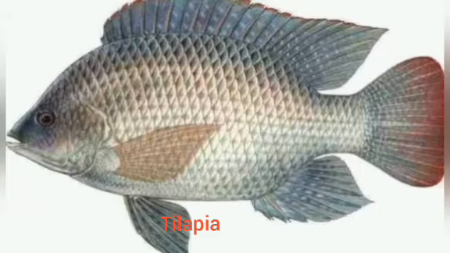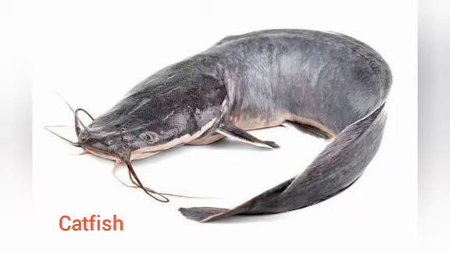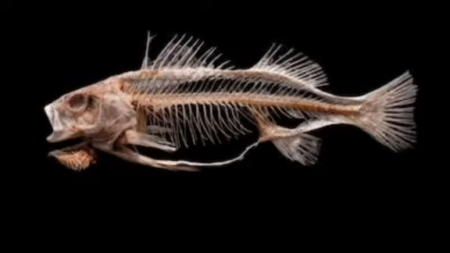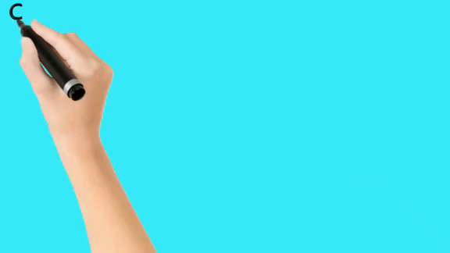The mudfish, the tilapia, and the catfish, they possess a bony structure in their skeleton. Now this is the skeleton of a bony fish. The internal structure is made of bones. Majority of the fishes that are commonly used as food by man have this structure.